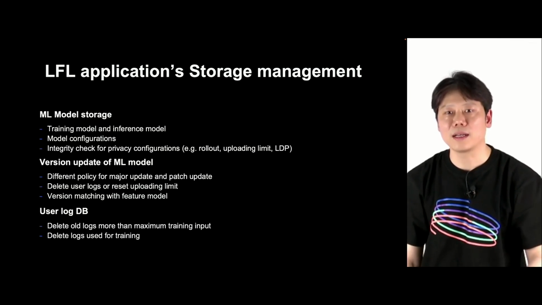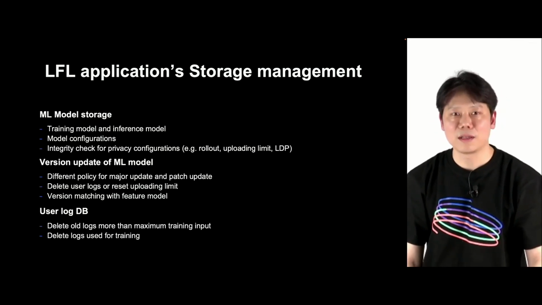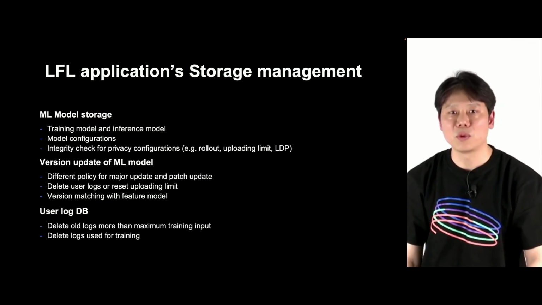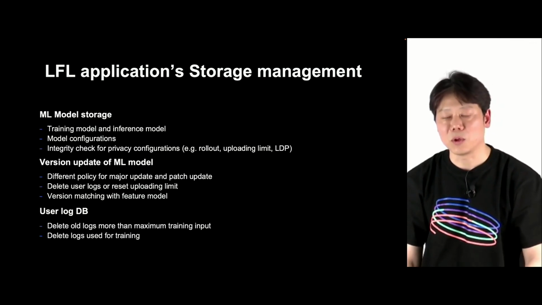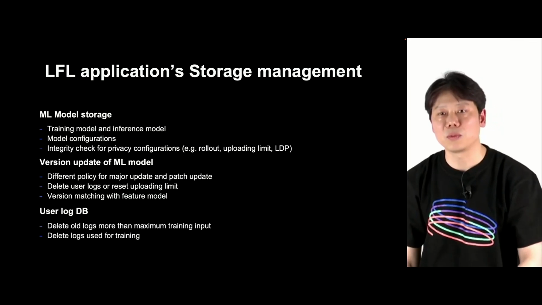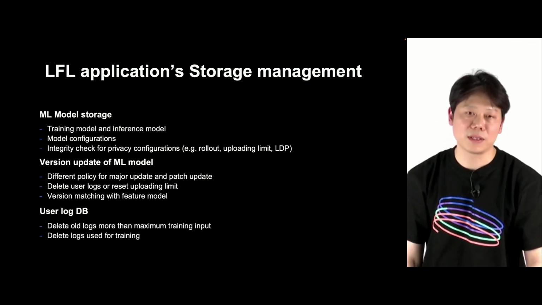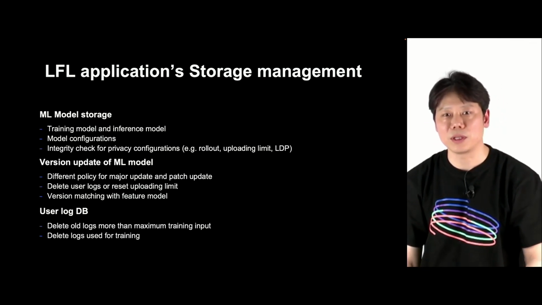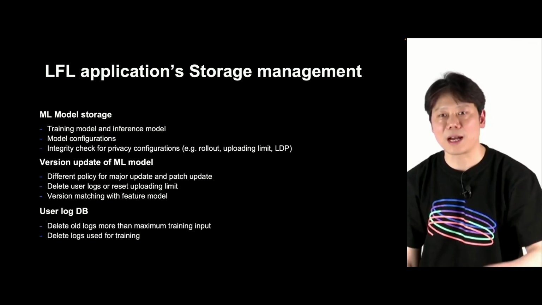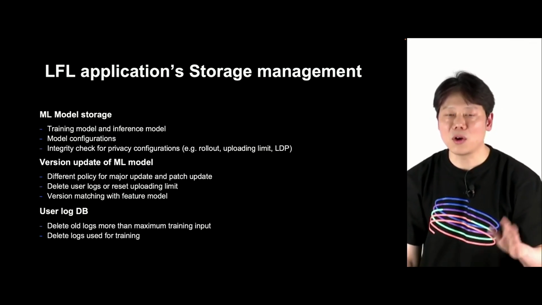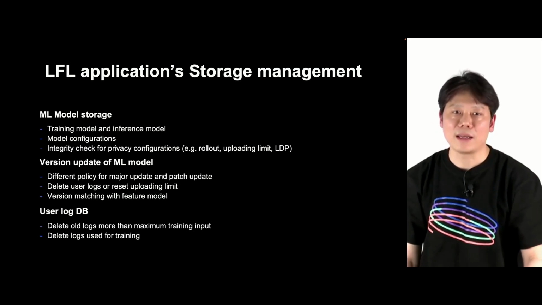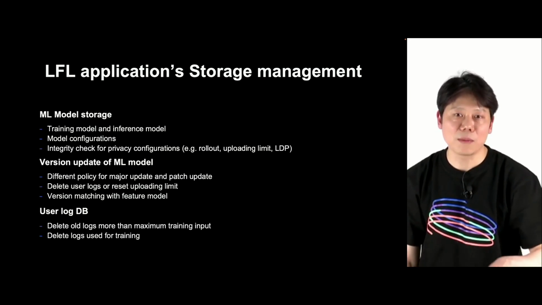And when there is a new version model update, we apply different policies for different updates. For patch updates, there is no change in the machine learning model itself, so uploading limit configurations are reset and user logs are maintained. But when there is a major update, the model itself is changing, so user logs and configurations are reset.